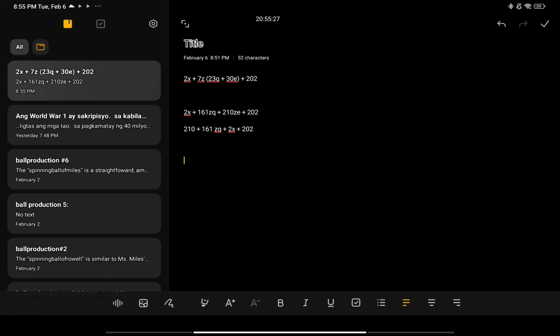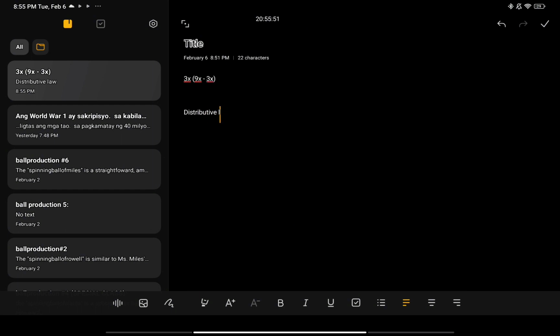Now let's take a look at a simpler expression. 3x with the distributive law, 9x minus 3x.